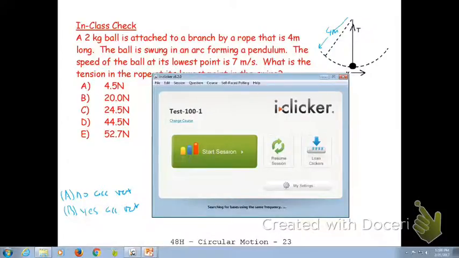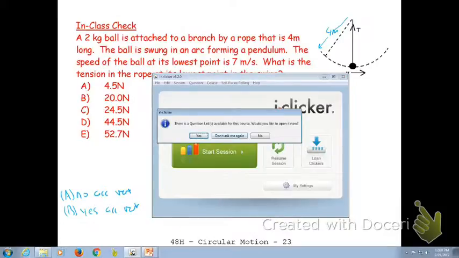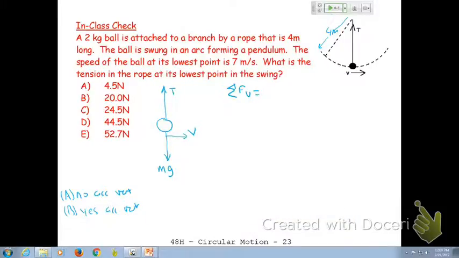So let me ask you a question. Is there an acceleration vertically? Is the object going in a circle? Where is the middle of the circle? Vertically above where we're at.